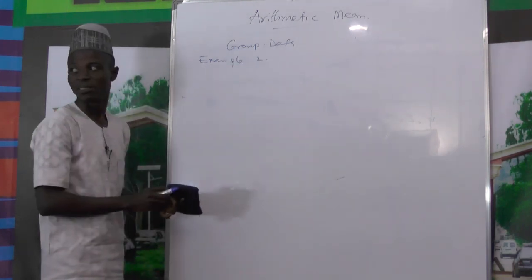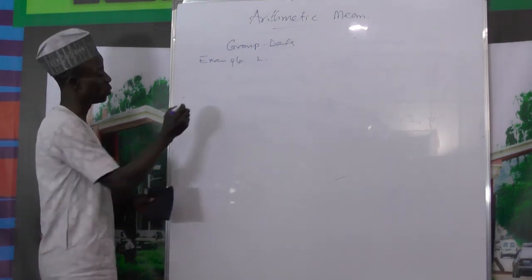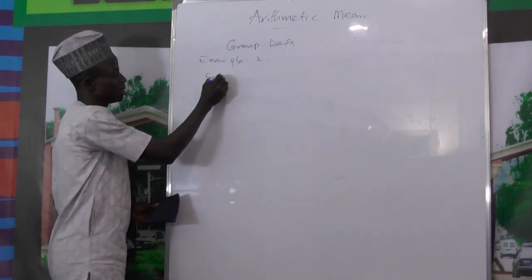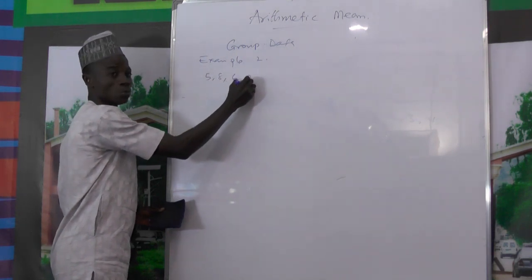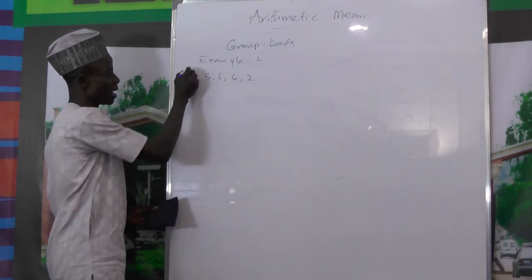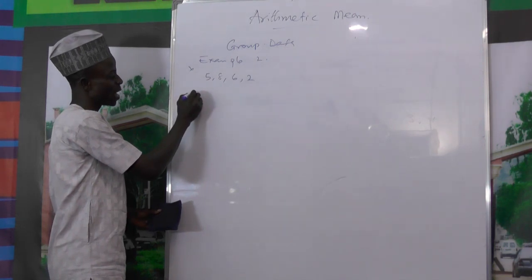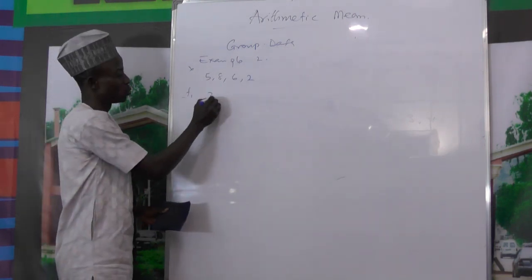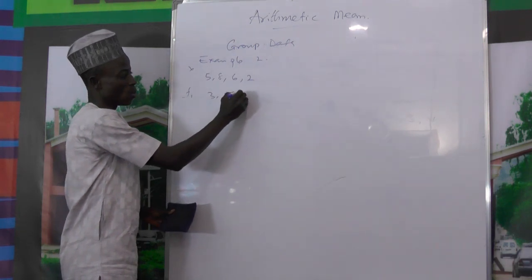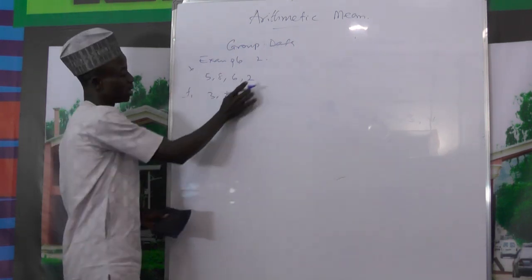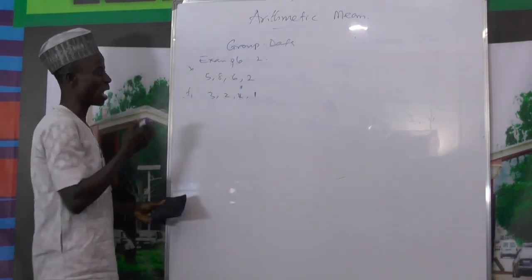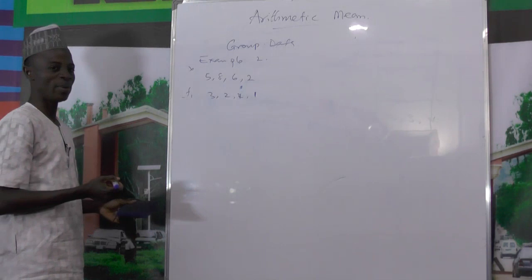When we have the set of observations 5, 8, 6, and 2, this is our x. Then they appear with the frequencies 3, 2, 4, and 1. We are asked to compute the mean for this.